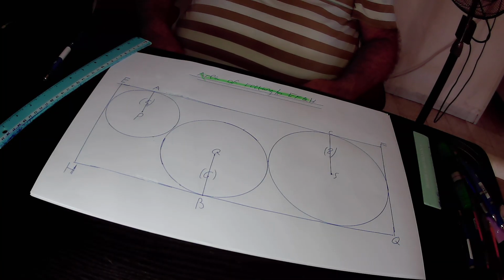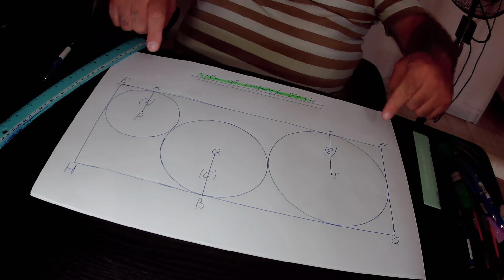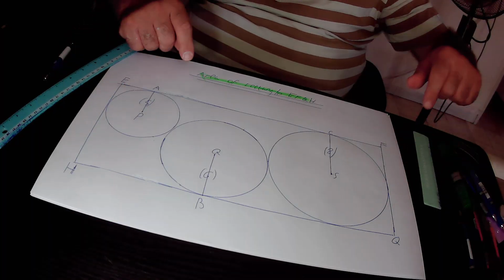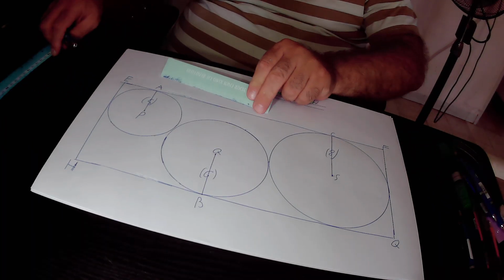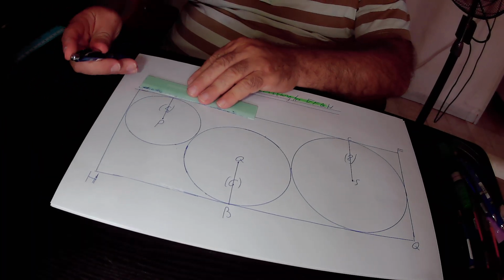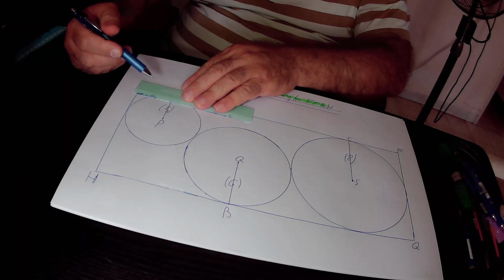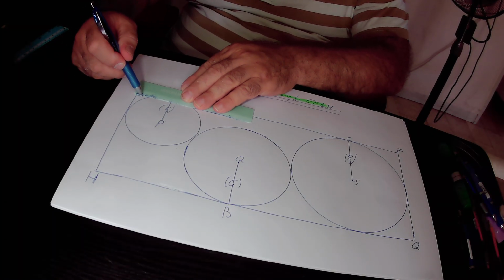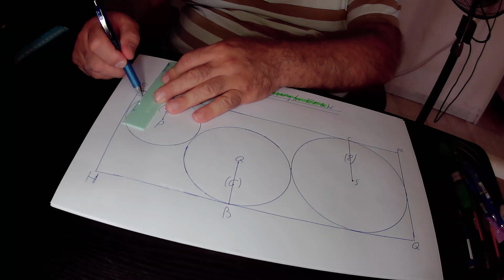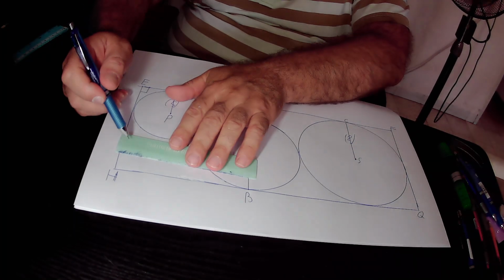So first of all, the angles inside any rectangle are right angles. So those four angles are all right angles. This is a right angle. This is also a right angle.